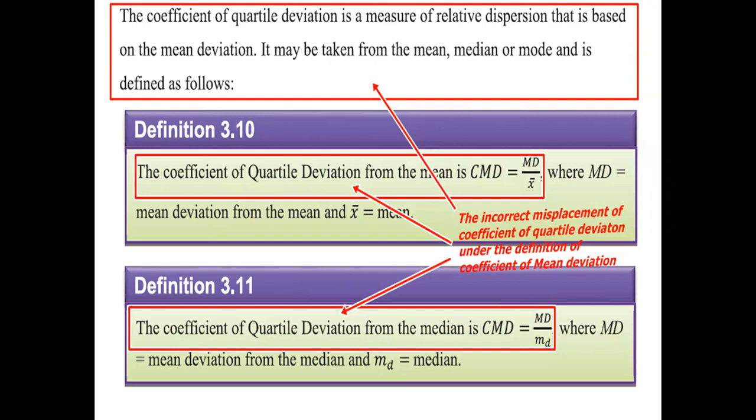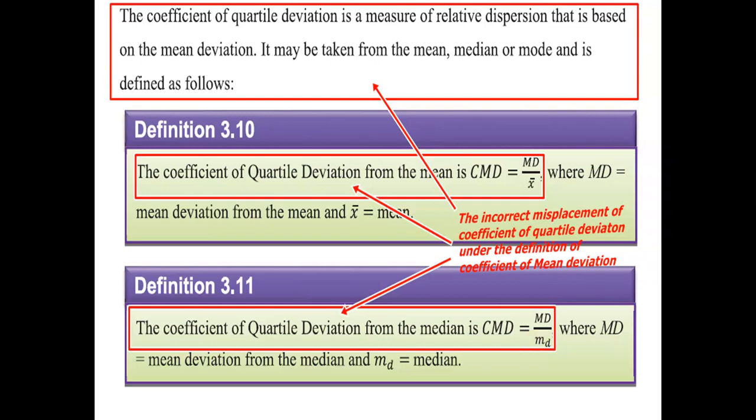Therefore it must be replaced by the coefficient of mean deviation from the mode, which is simply written as mean deviation from the mode over the mode itself. That gives us the coefficient of mean deviation, which is a measure of relative dispersion.